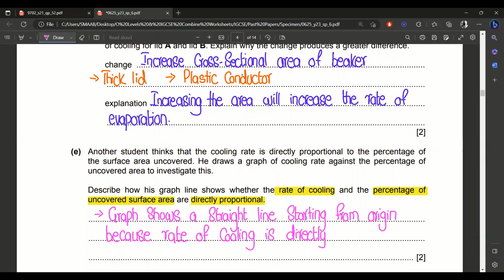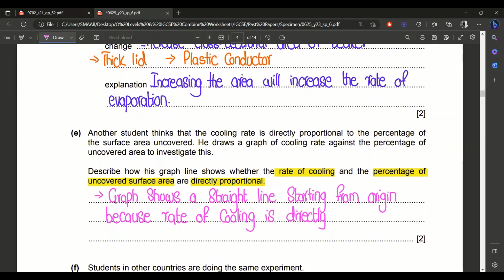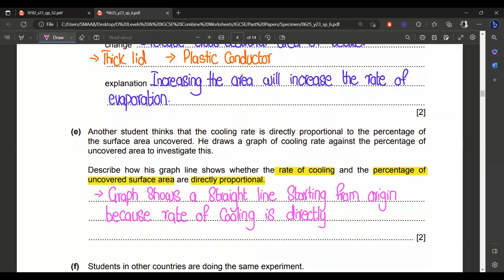So most of the hints are already in your question. That's why this paper is not very difficult. We already get a hint from this part.